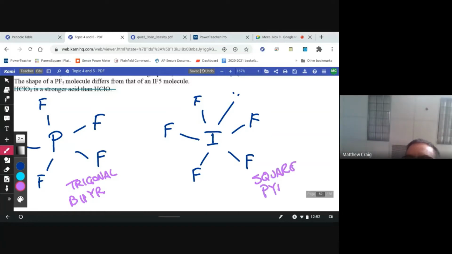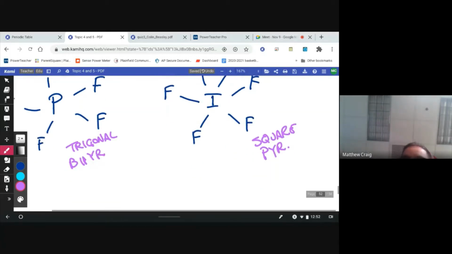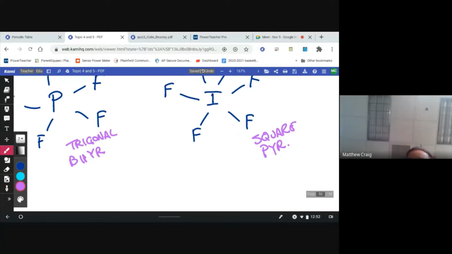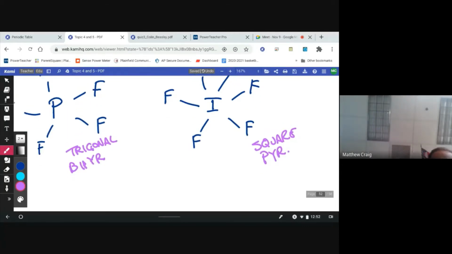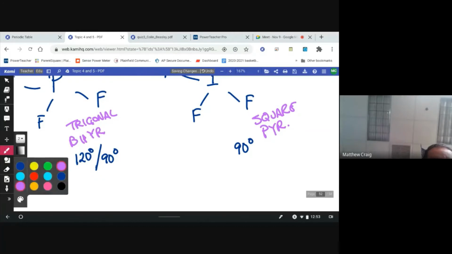So you can identify the shape. You can talk about the bond angles, which for the trigonal bipyramidal are what? 90 and 120. That's right. Whereas the square pyramidal has bond angles of 90.